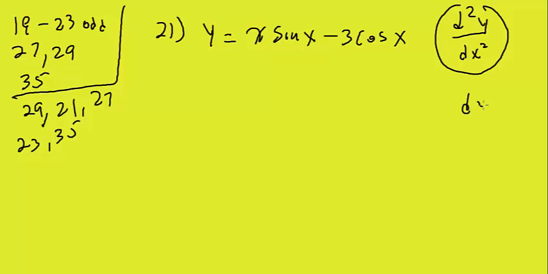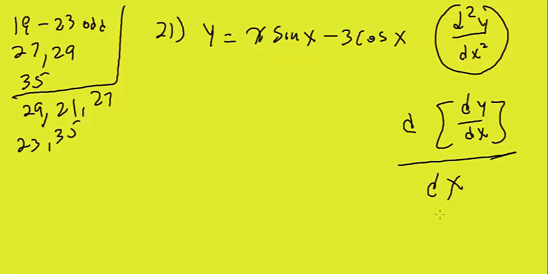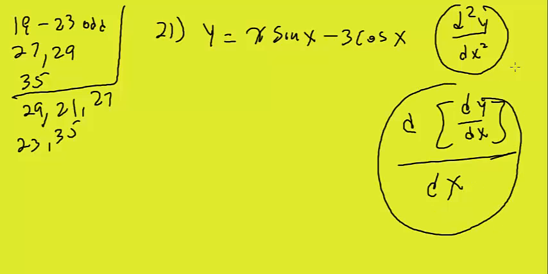When you take the derivative, that's the first derivative, and when you take the derivative of the first derivative, notice how you get d squared y on the top and dx squared on the bottom. Instead of writing all this, they just write it like that.